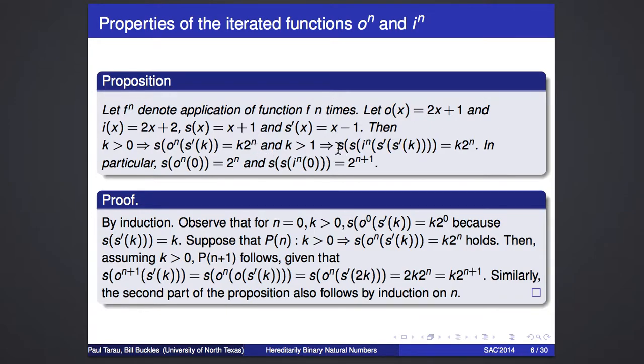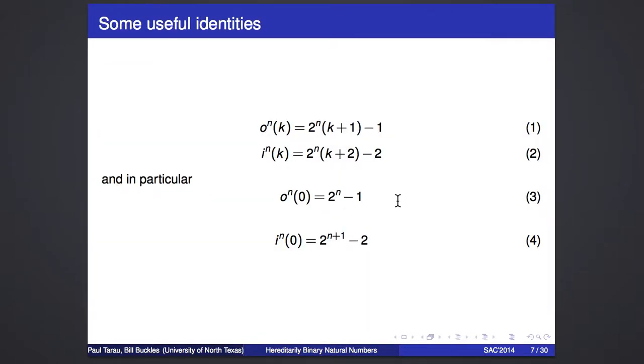And then the double application of the successor, I^n applied to the double application of predecessor to k, also works like the left shift operation. This is easy to prove by induction, and this is also in the paper, so I will skip that.